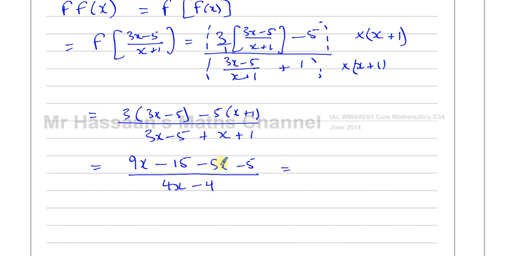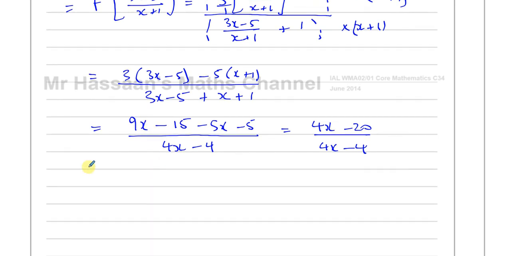That gives me 9x minus 5x, which is 4x, minus 20 over 4x minus 4. Now that can be simplified because there's a common factor of 4 on both the numerator and the denominator. That's 4 times x minus 5 over 4 times x minus 1, sorry. That's x minus 1.